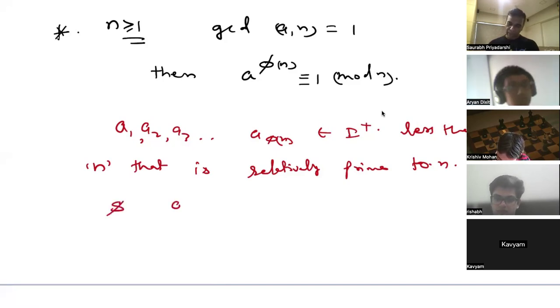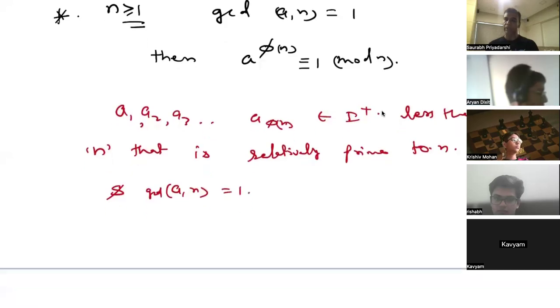And it is given that GCD of a and n is 1, right?